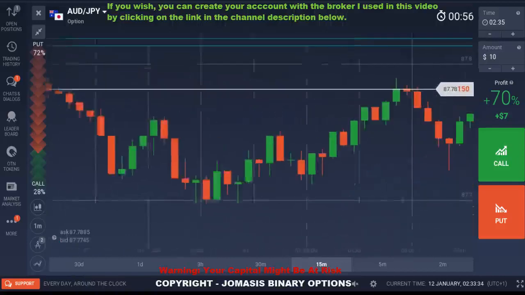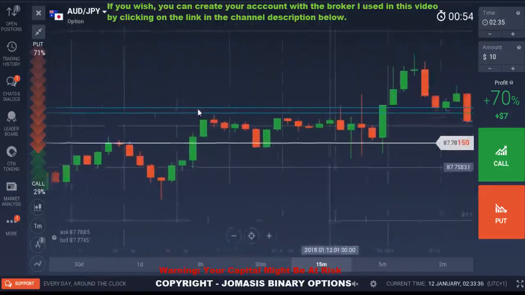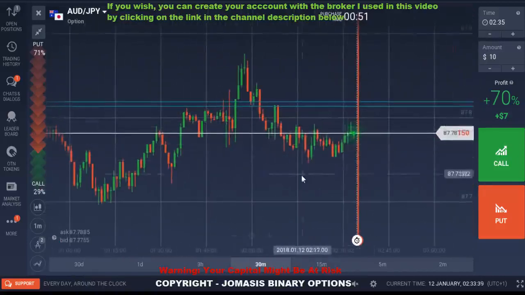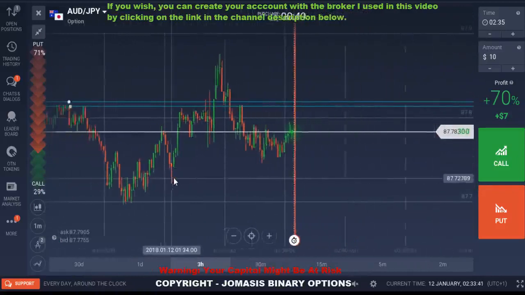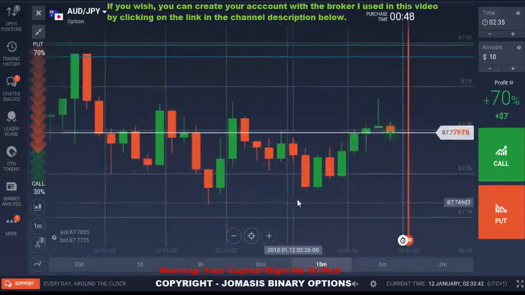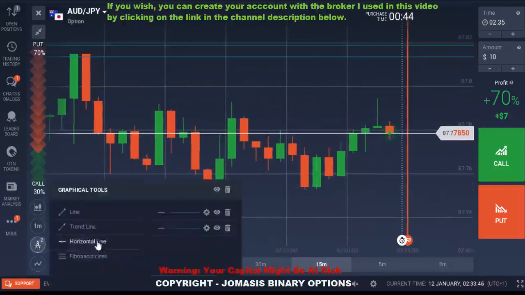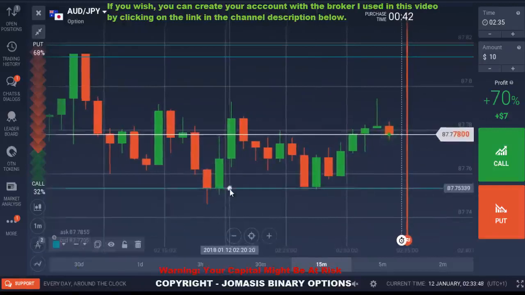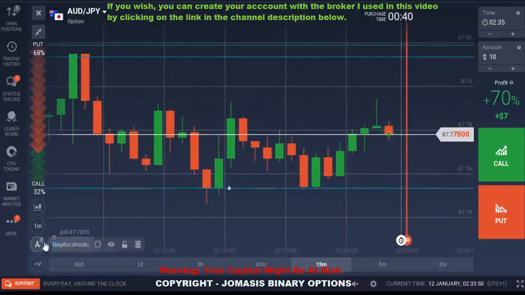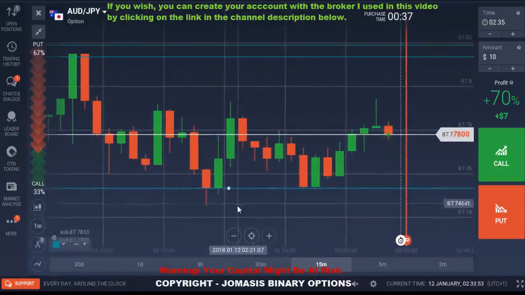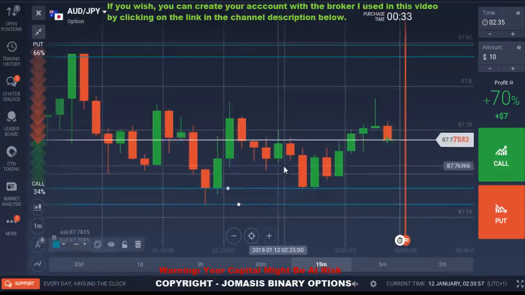Now let's assume the market is going up. Unless it's going down, you can use this one as your support. Then you can take another horizontal line and draw this level also as your support.